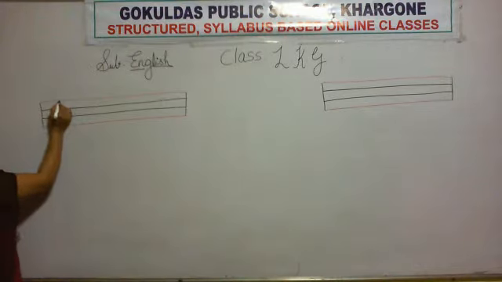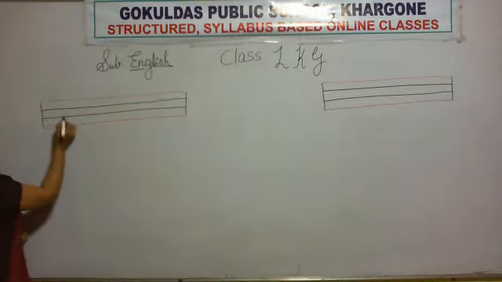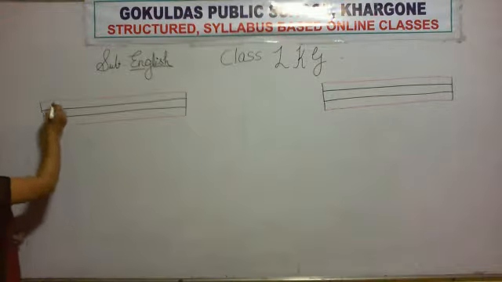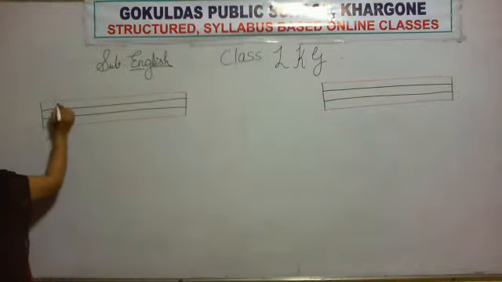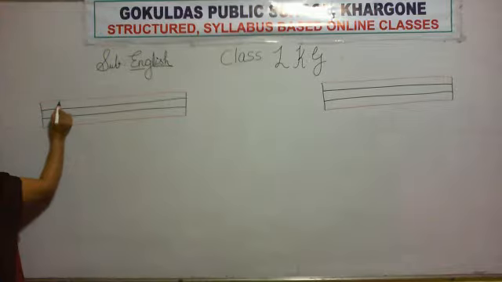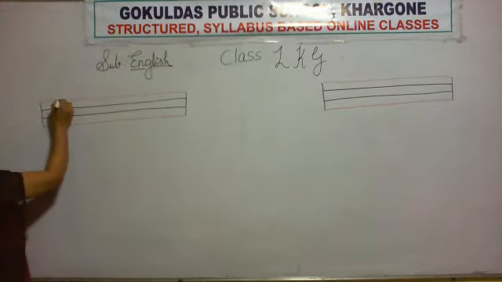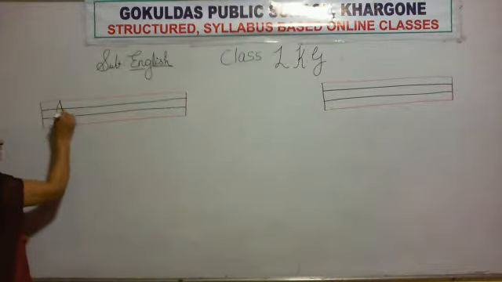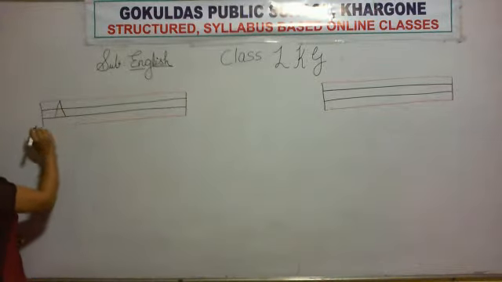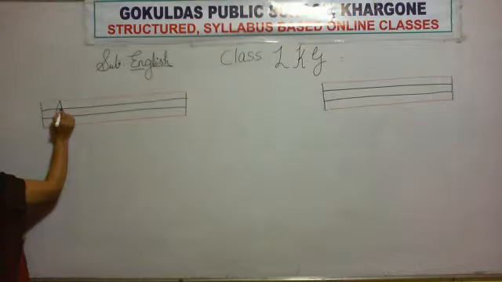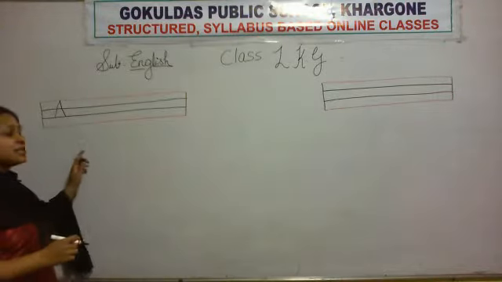This is capital A. We will start from headline to base line, slanting line, then again headline to base line, slanting line, in middle sleeping line. What is this?